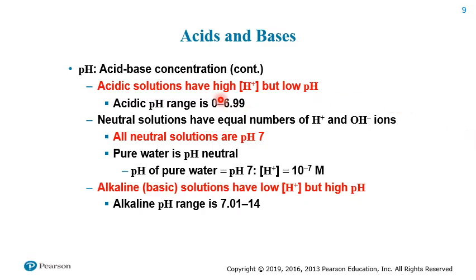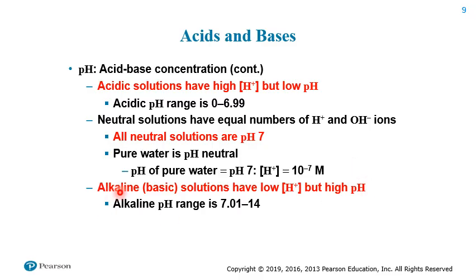If you have a high concentration of hydrogen ions or protons, then you have an acidic solution, and your pH is low, less than 7. Acidic pHs range from 0 to 6.99. 7 is the neutral pH, when you have equal amounts of hydrogen and hydroxide ions. When you have more hydroxide than hydrogen ions, you start to have more alkaline solutions.